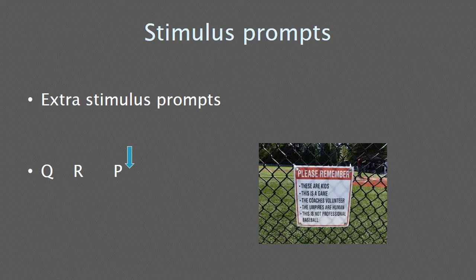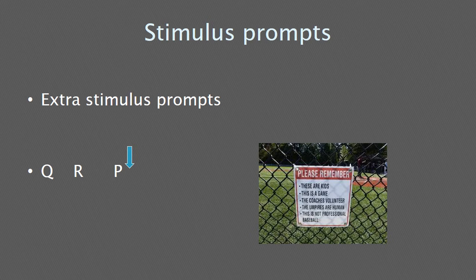On the right side, you see a sign at a Little League baseball field telling parents or guardians some important information about acting responsibly. This is an extra stimulus prompt. The stimulus of being at a Little League baseball field and the additional stimuli of seeing children play should be enough for people to act appropriately.